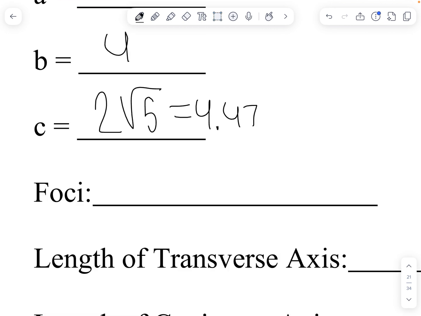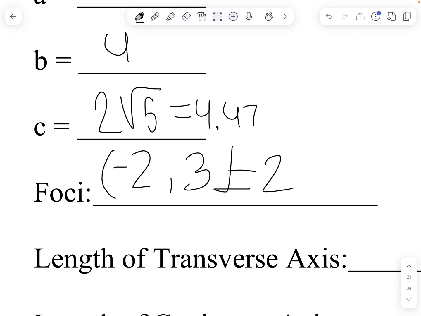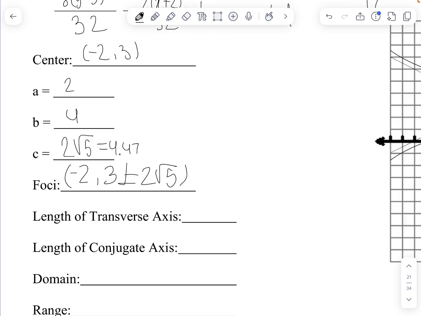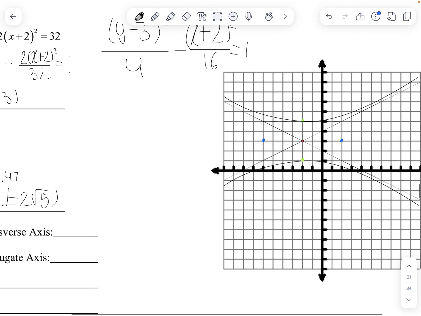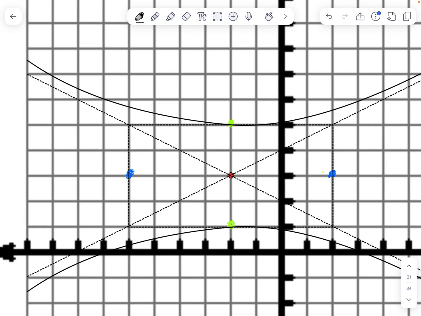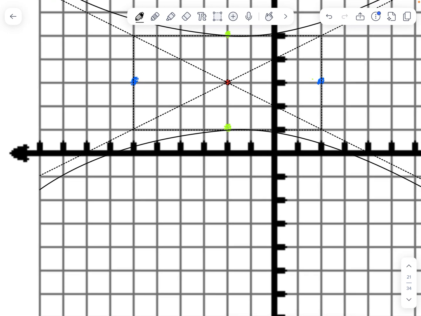In time for the foci, this is just based off of the center point. So -2, comma 3 plus or minus 2 root 5. Where would those foci be? It's 4.47, so right around here and right around here.